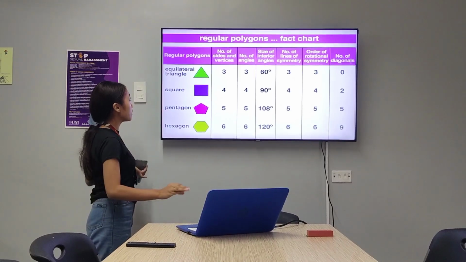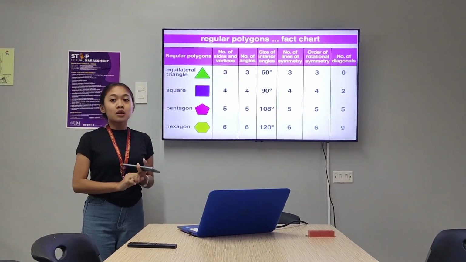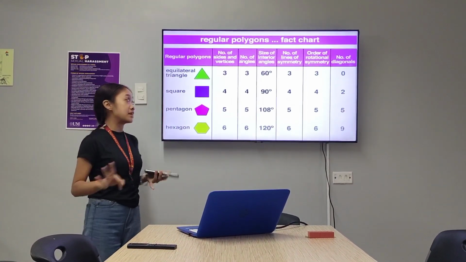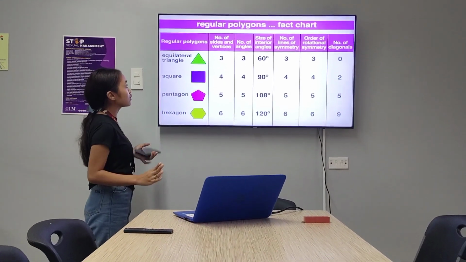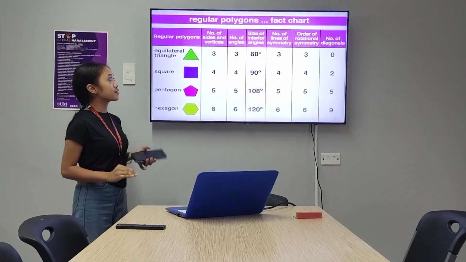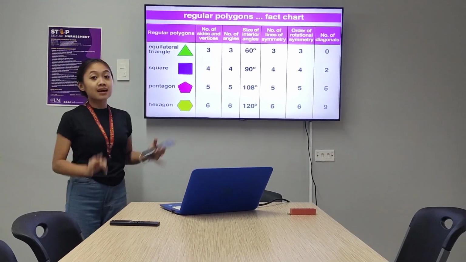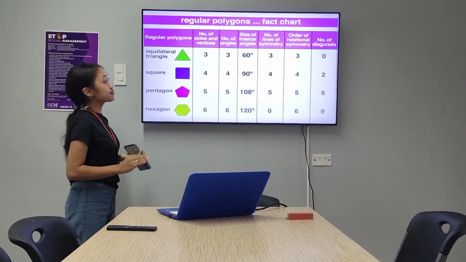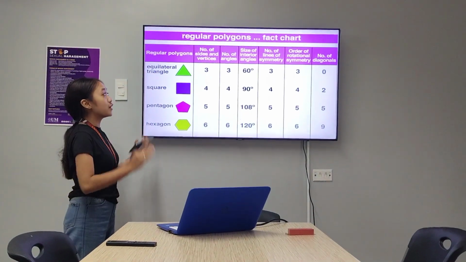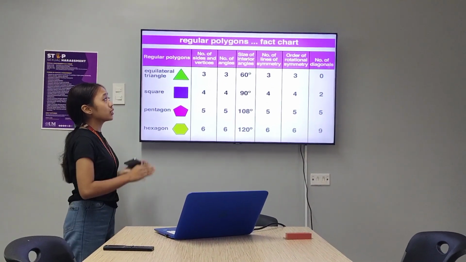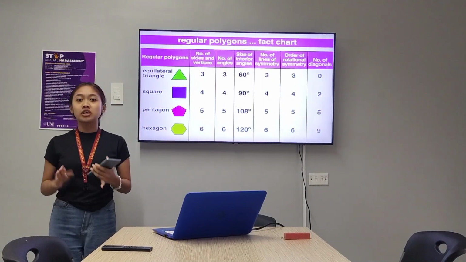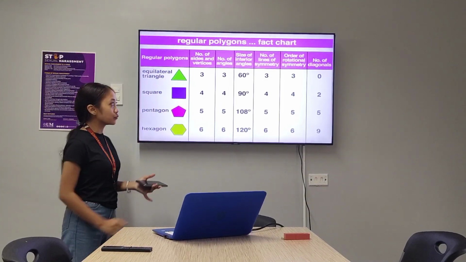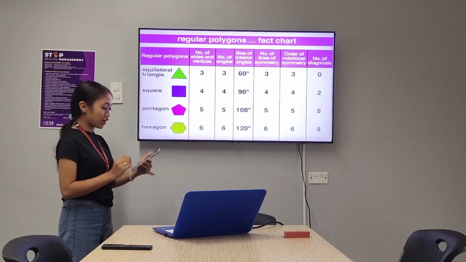Let us start with the equilateral triangle, as I have mentioned that a polygon consists of at least 3 sides. The equilateral triangle has 3 sides and vertices, 3 angles, 60-degree interior angles, 3 lines of symmetry, 3 rotational symmetry. Rotational symmetry means the capacity of a shape to be rotated. And it has 0 diagonals.